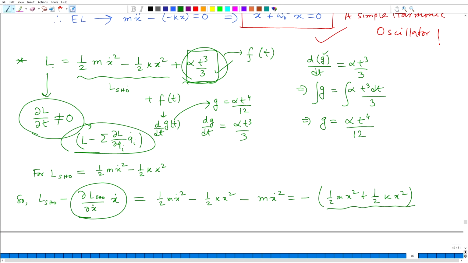Okay. Are you getting confused? So, physics is of course always self consistent. There is no reason for being confused if you understand the thing.